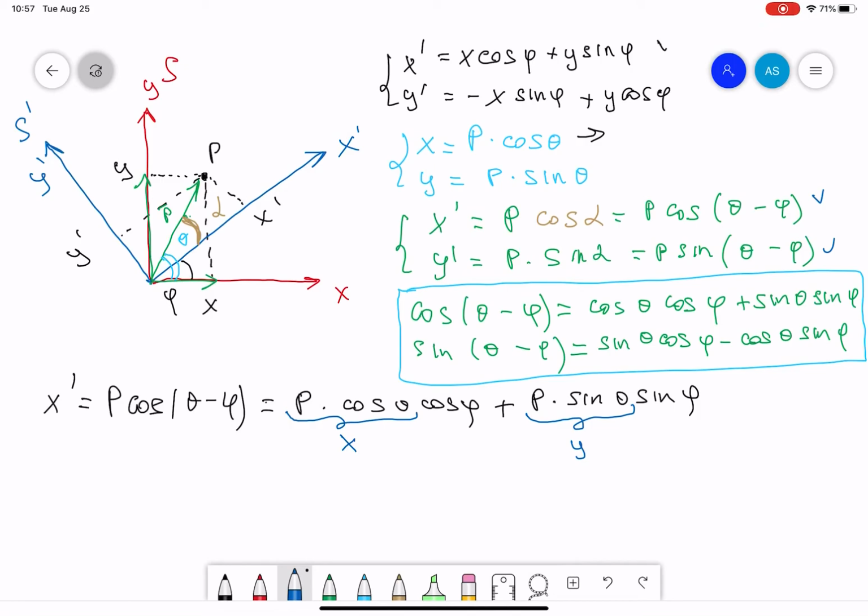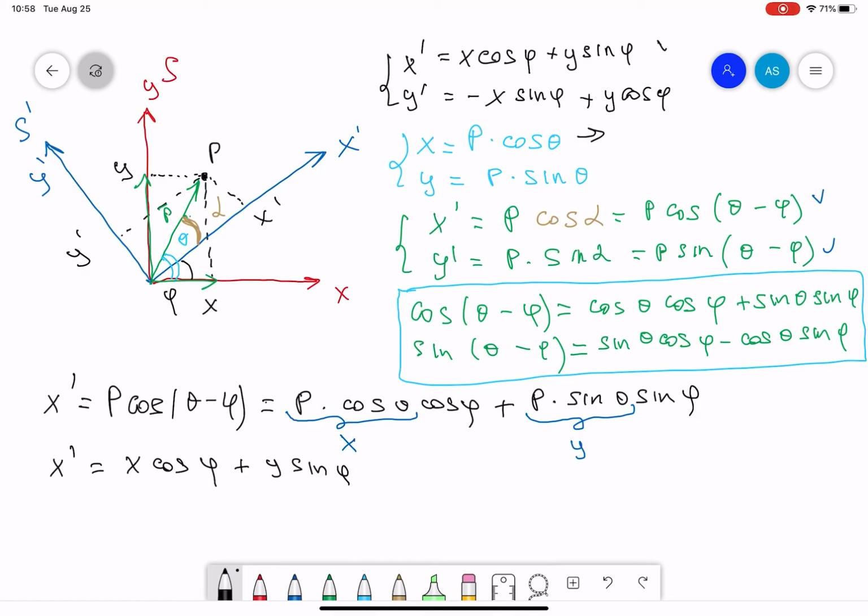So at the end we can say that x dash is equal to x cosine phi plus y sine phi. This is how we solve for x dash.